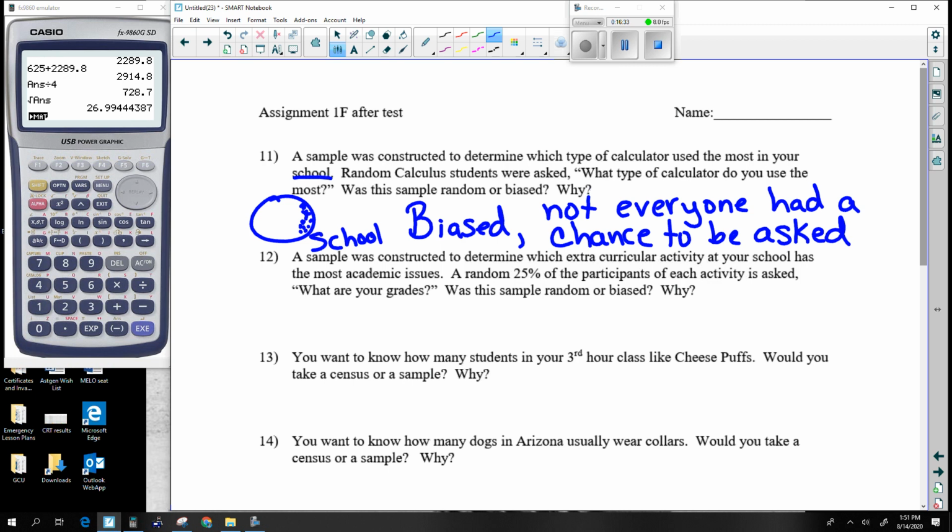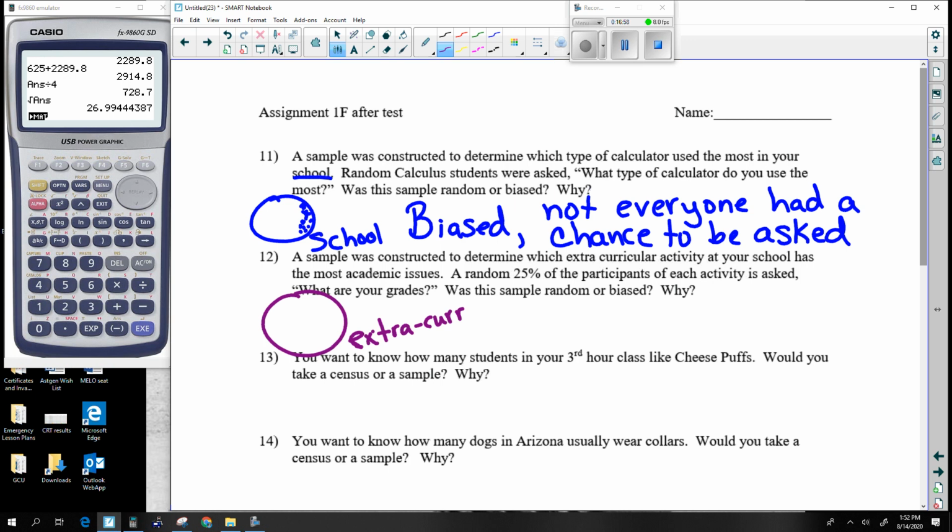A sample was constructed to determine which extracurricular activity has the most academic issues. All right, so the population is people in extracurriculars. Okay, so anything outside of school. That includes theater and sports and clubs and everything like that. So those are extracurriculars.